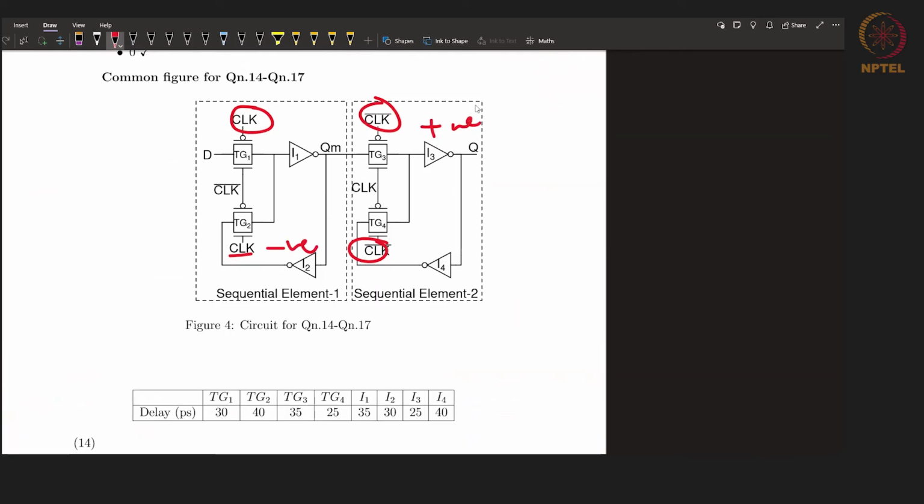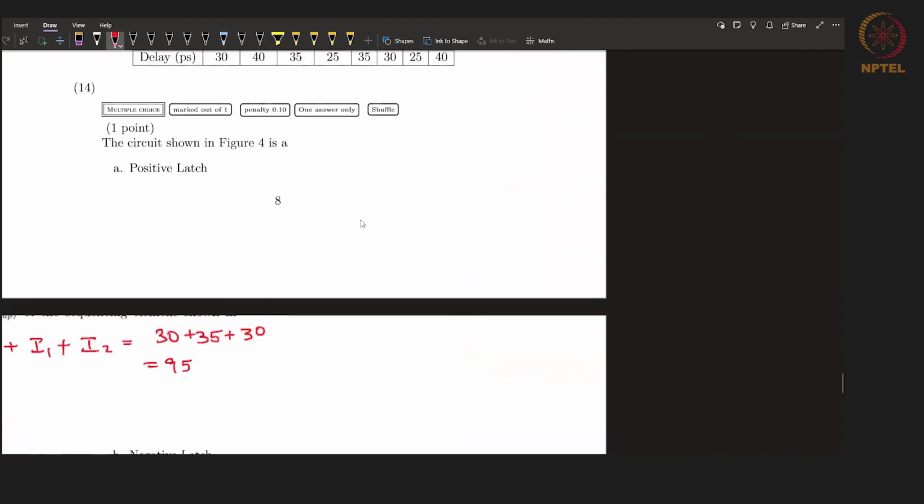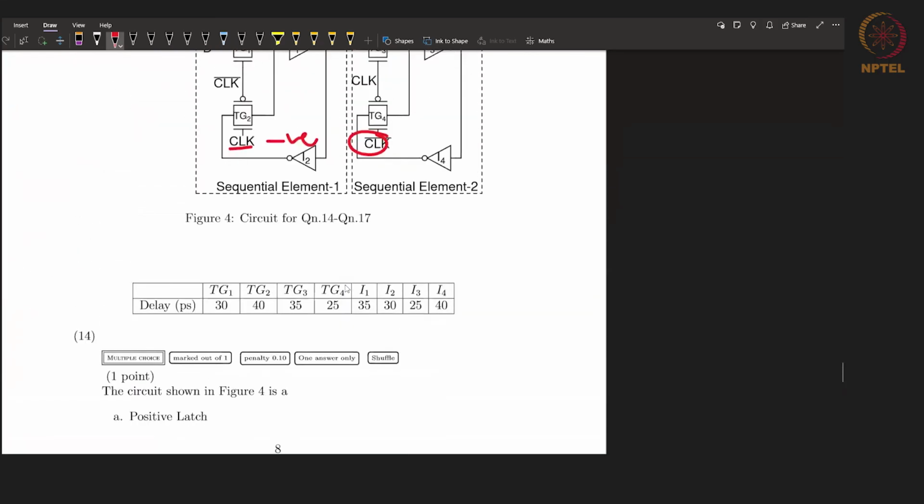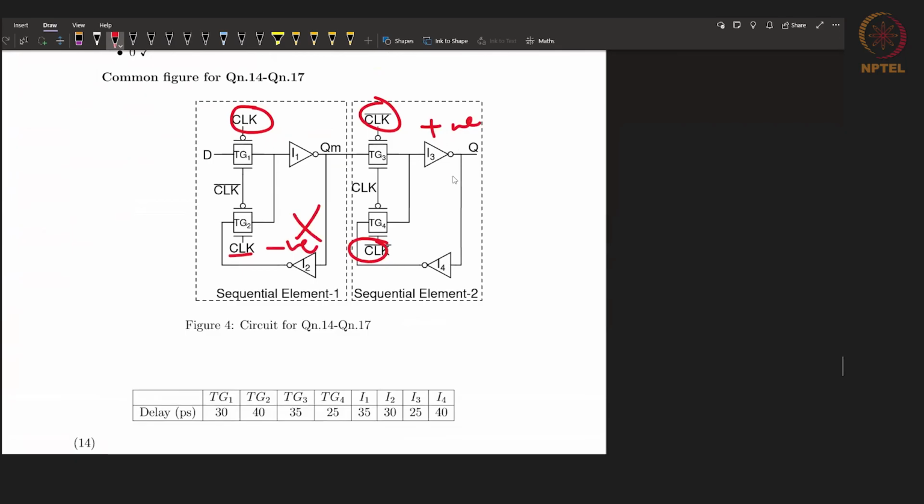So you have a flip-flop which arises due to this negative followed by positive latches configuration. It is a positive edge triggered flip-flop. If you remove sequential element 1 from the circuit, this is a positive latch.